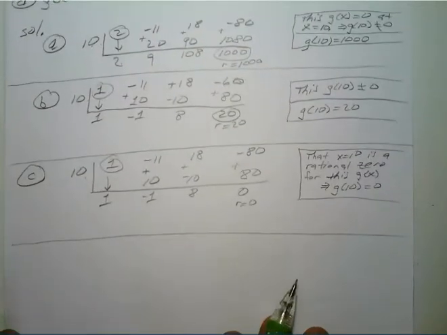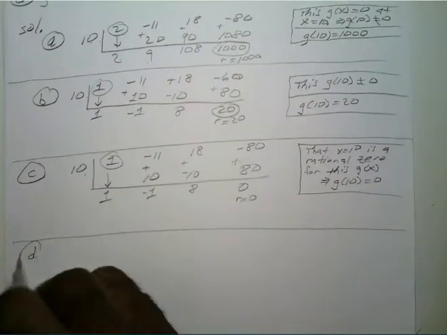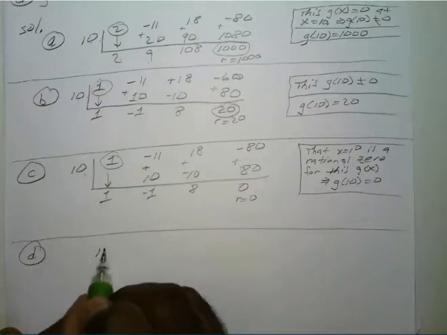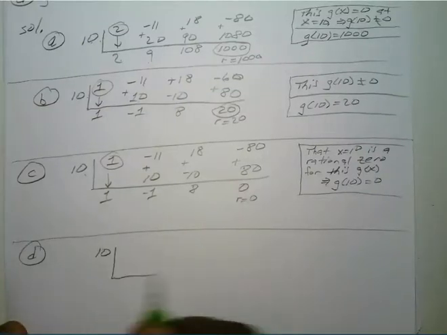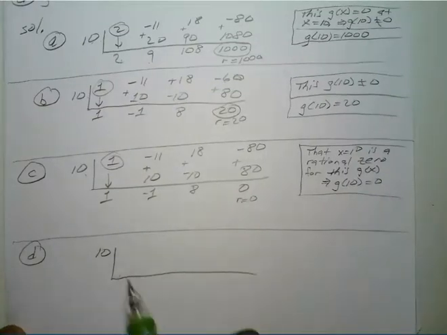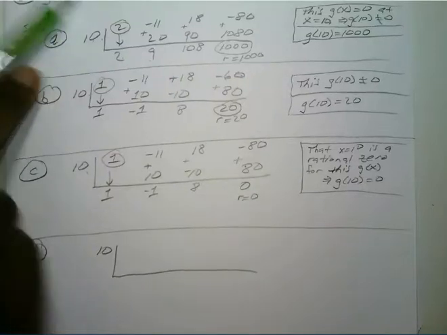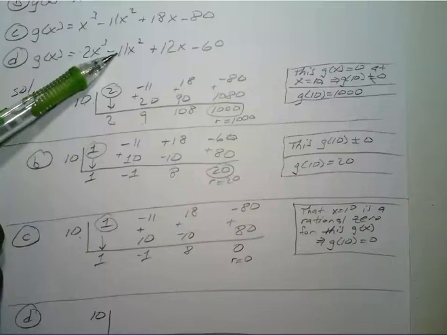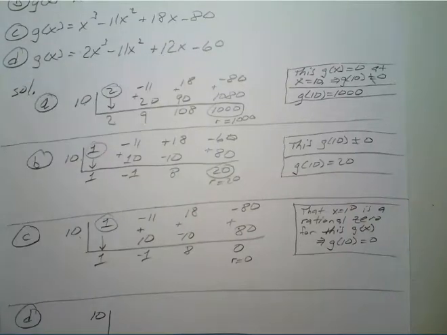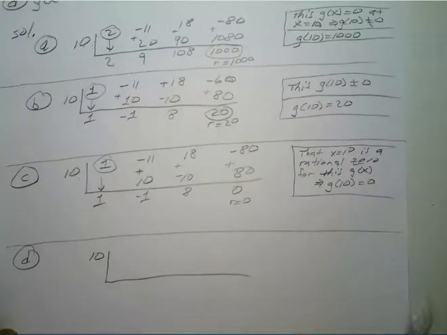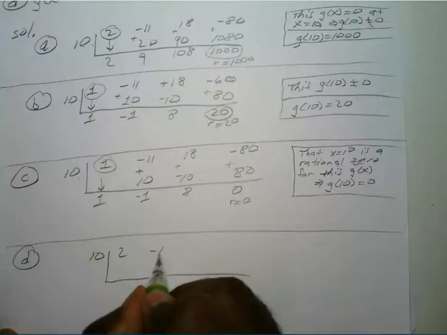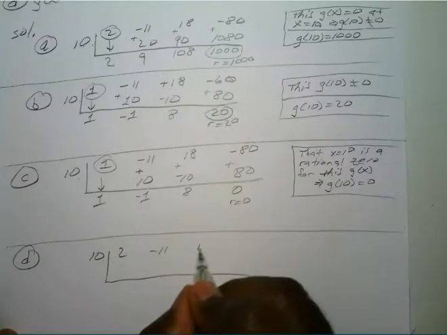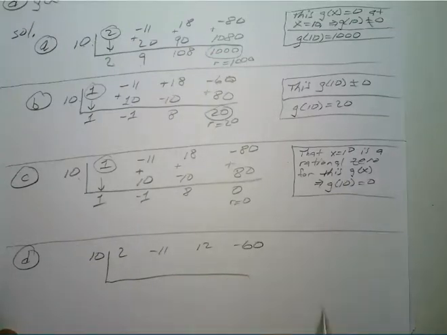Okay, so what about the last one? Our k is equal to 10. So we have 2, negative 11, 12, and negative 60.